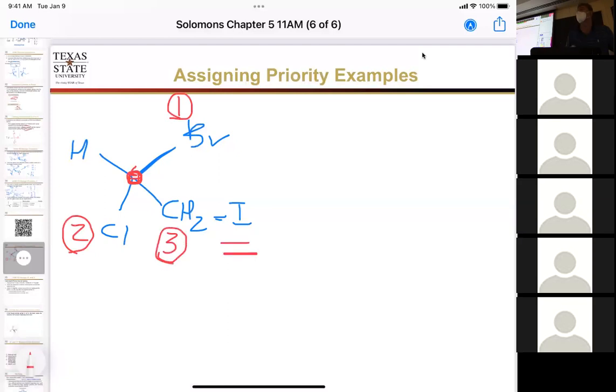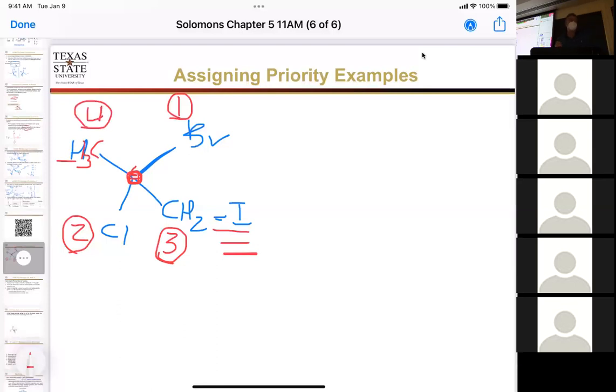Even though it has this iodine attached to it, that iodine is not attached to the chiral carbon. It doesn't count in prioritization unless we had a CH3 over here. If we had a CH3 over there, this iodine is different from one of these hydrogens. It's heavier, higher number than the hydrogen, and it would become part of the rule, and we would use it. And then this, of course, would be 4.